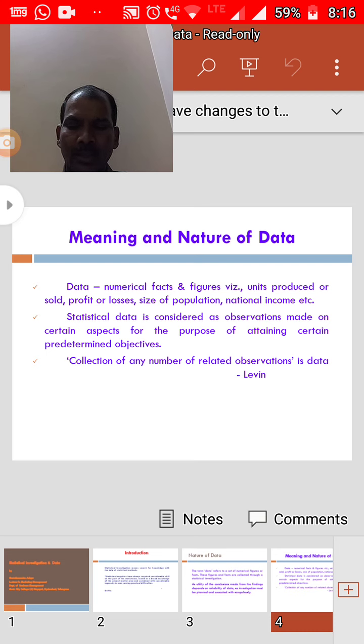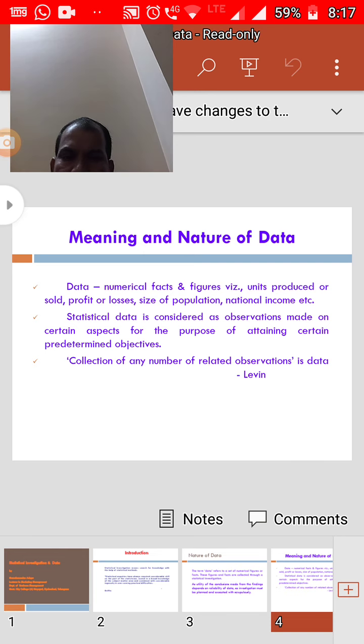According to Levin, data is collection of any number of related observations. Data occupies the most important place in statistics, as all statistical decisions are made on the basis of numerical facts and figures.